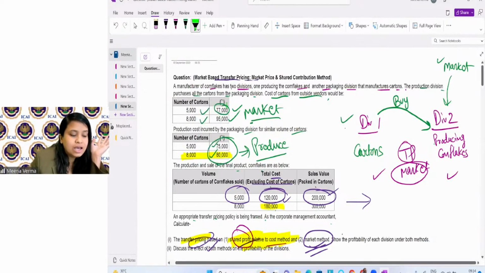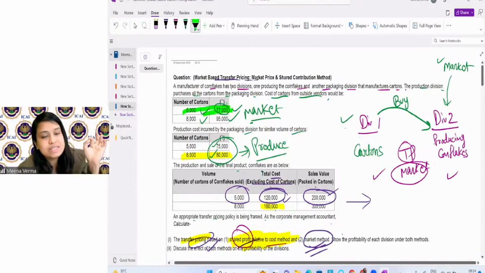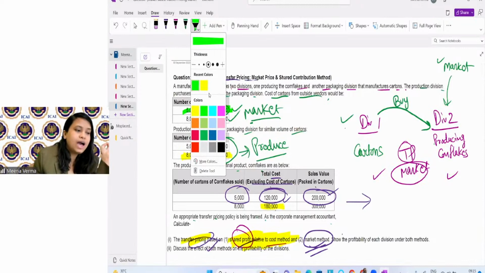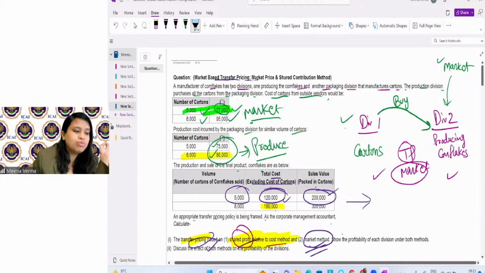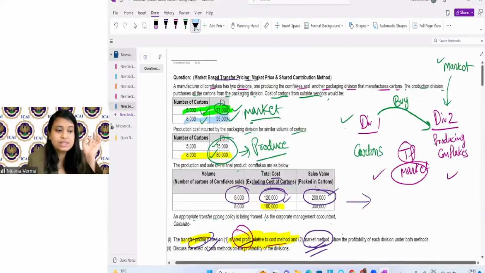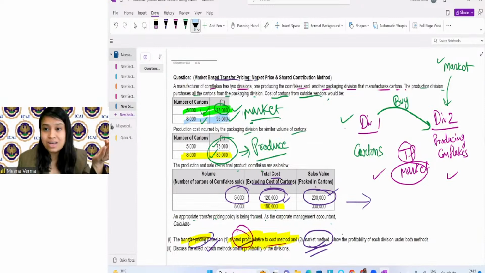Now you can see in the market for 5,000 units, the transfer price will be 77,000. And in the market for transferring 8,000 units, the transfer price is 95,000. On the basis of market, we are deciding the transfer price. We will see at what price the product is available in the market. On the basis of that, we are deciding the transfer pricing.